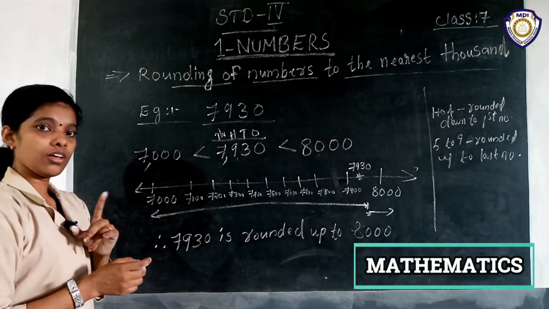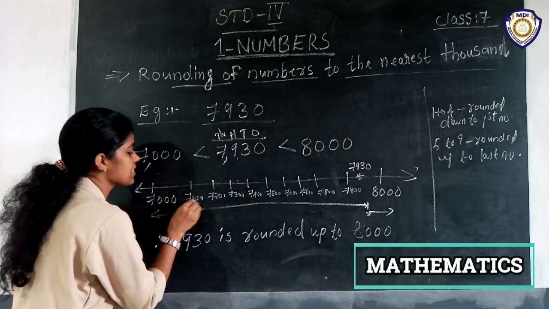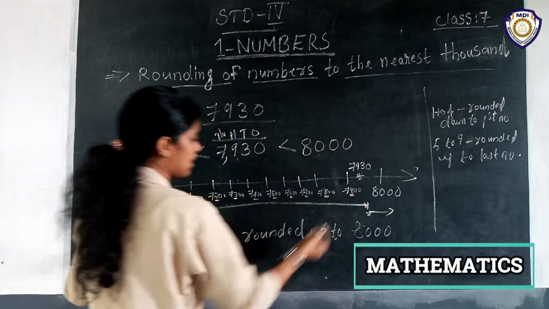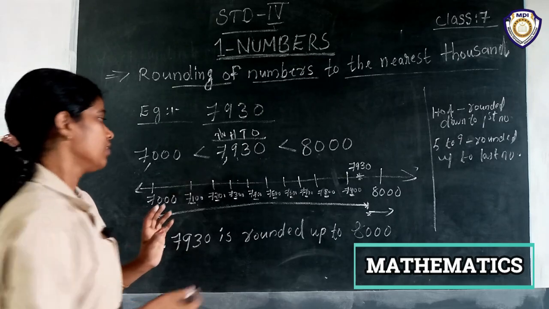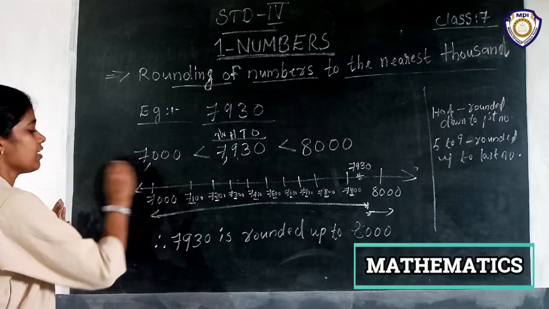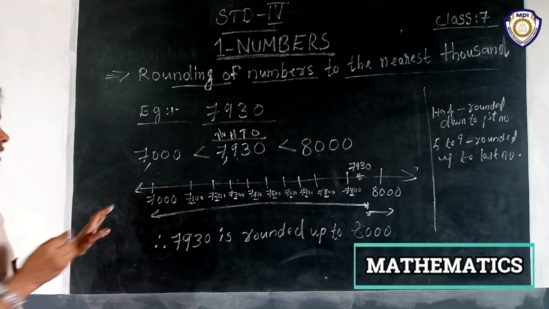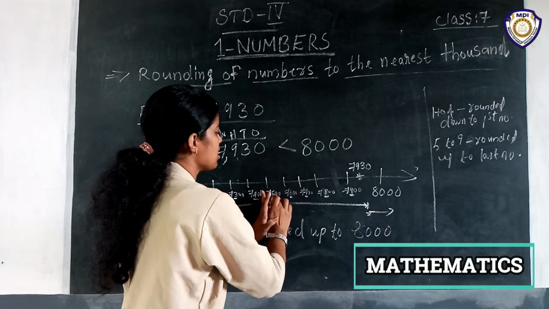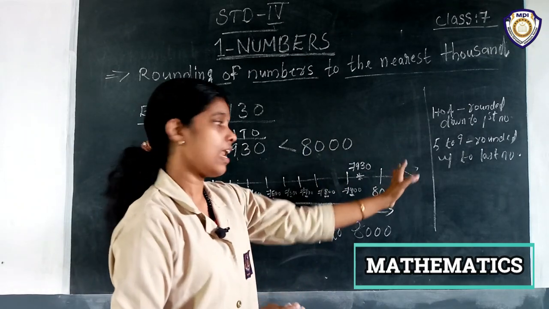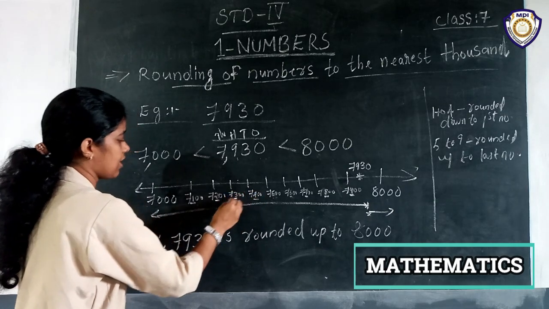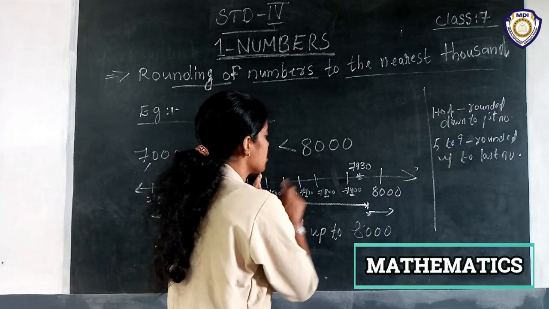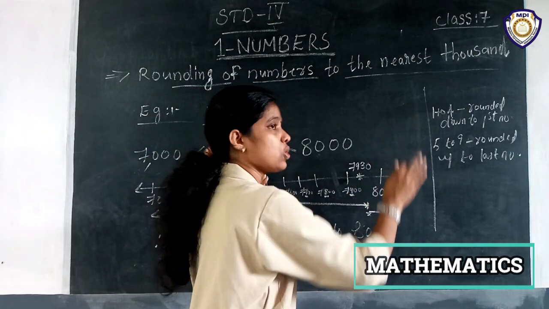Consider the digit in the hundreds place. 7400, 7300, 7200 and 7100 are rounded down to 7000. Then 5 to 9 in the hundreds place, 7500 to 7900, are rounded up to the last number.